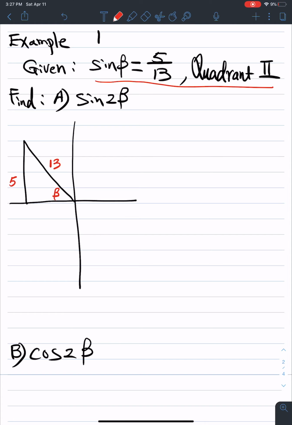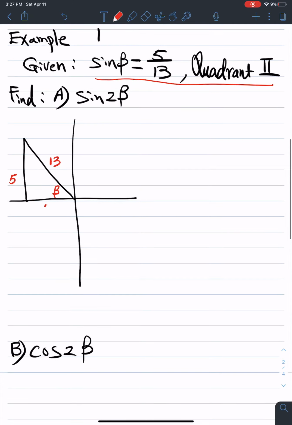So can I know the x? Yes, we know the x. So let's find the x.